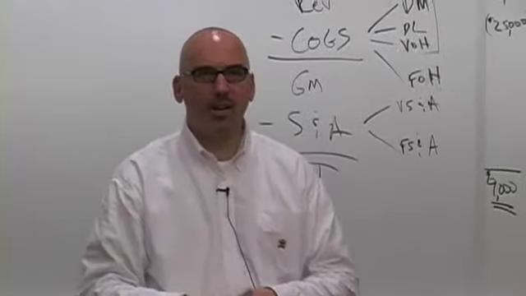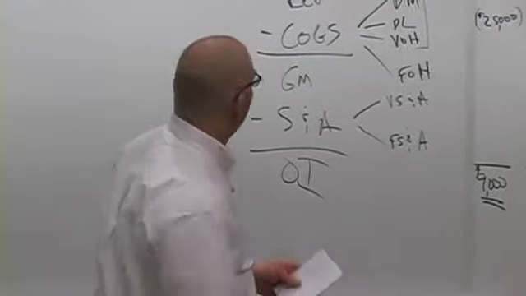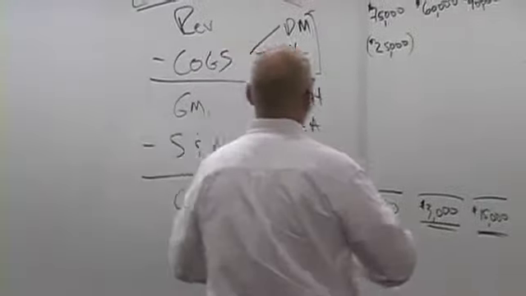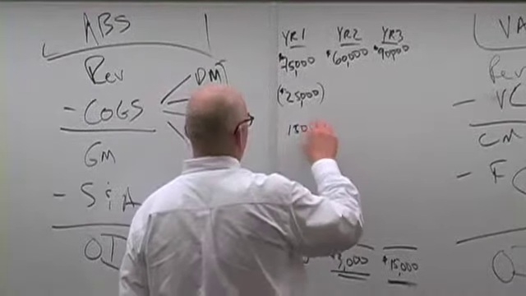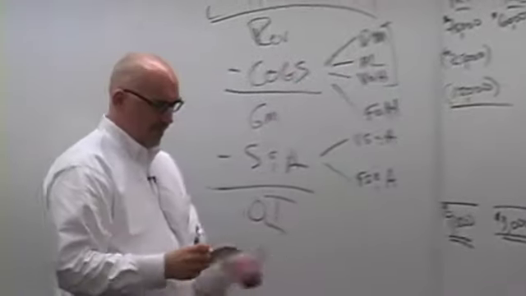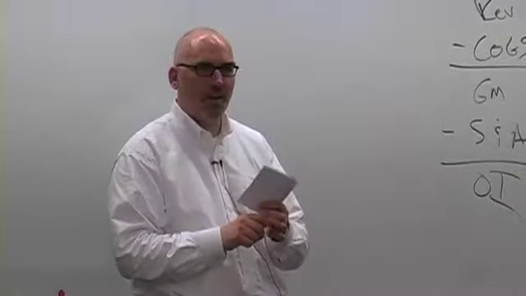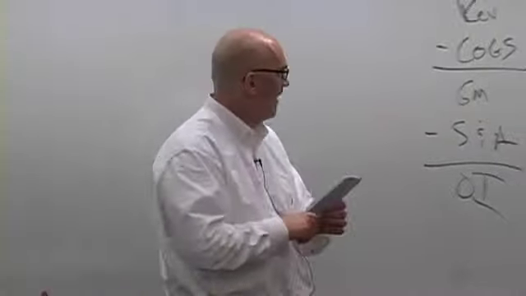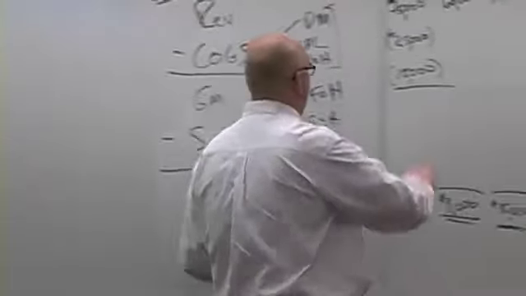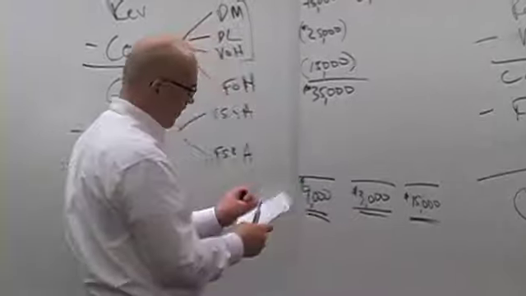Tony, you're on. Okay. Josh, you're on. Awesome. I have $35,000 as your gross margin. Okay. $35,000 is gross margin.